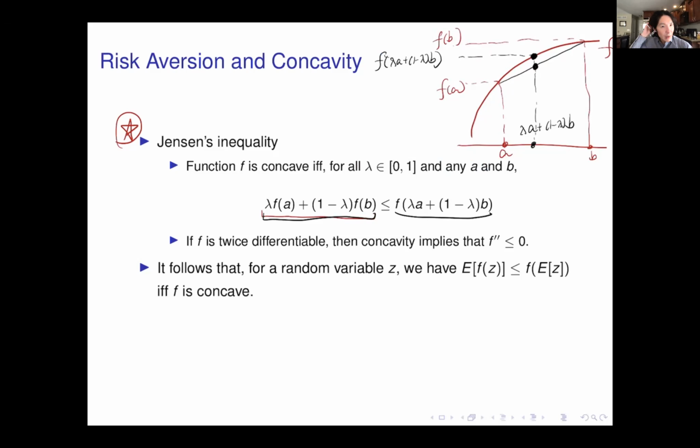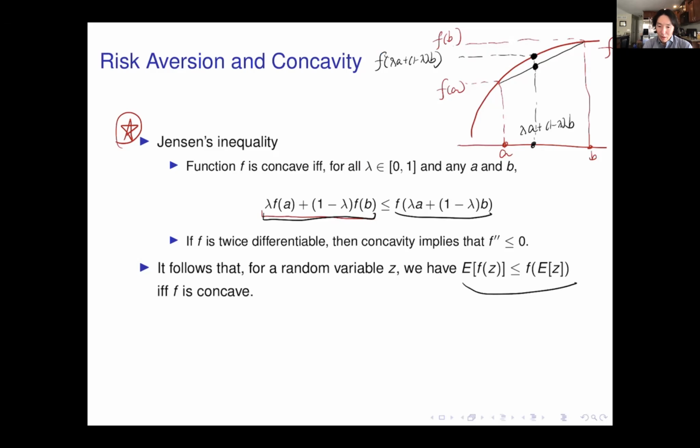Okay. In other words, when f is twice differentiable, then concavity implies that f double prime is a negative number. And it follows that for random variable z, we have the following.